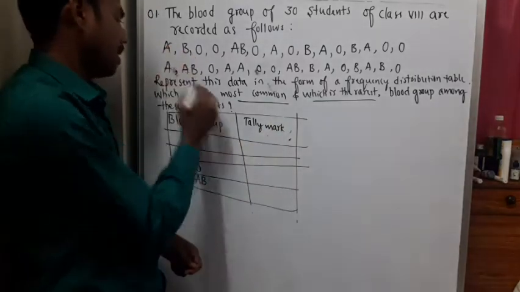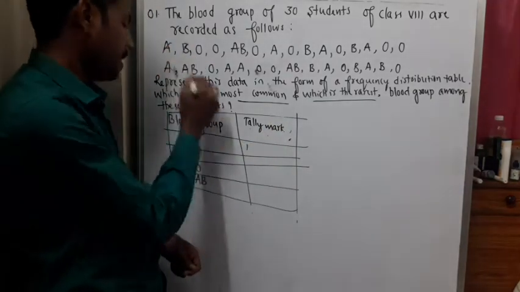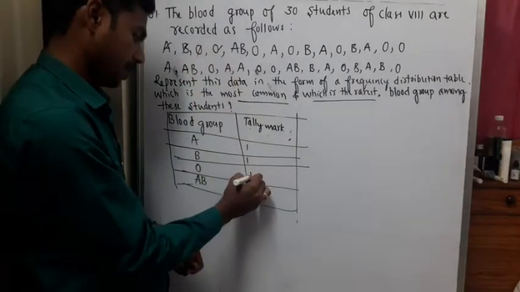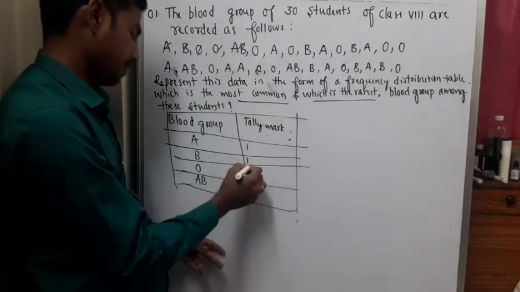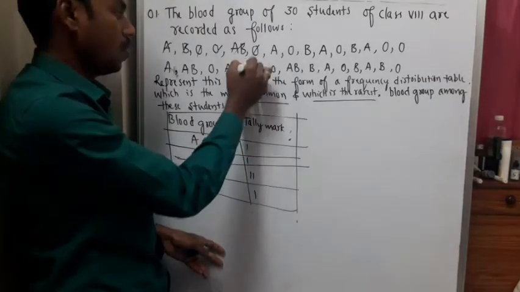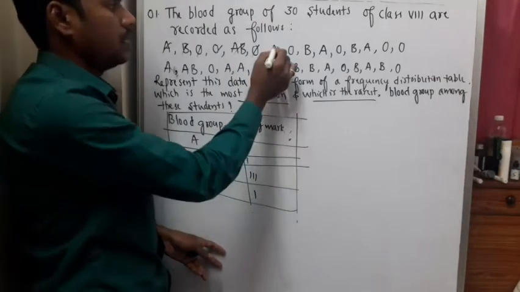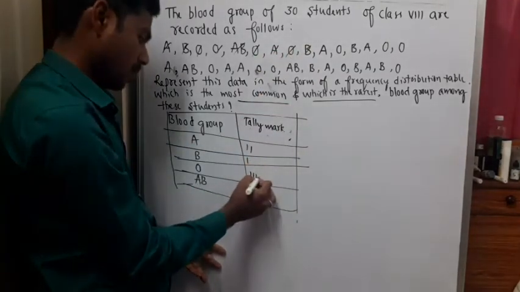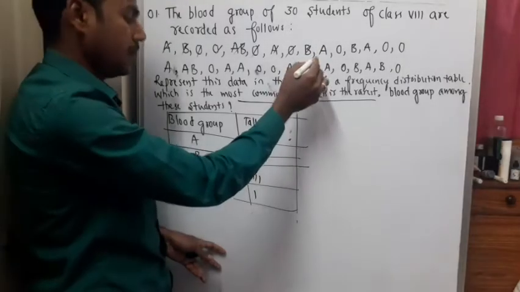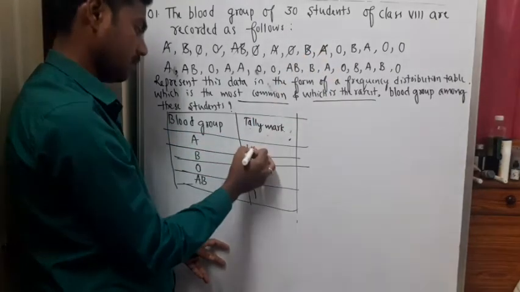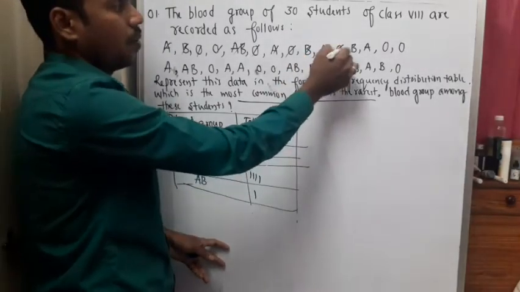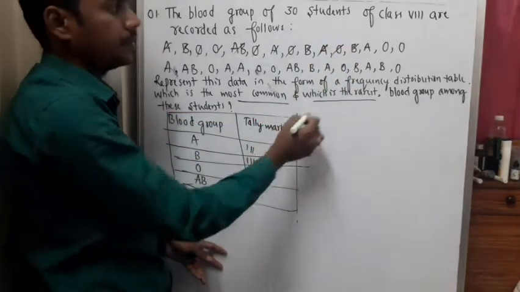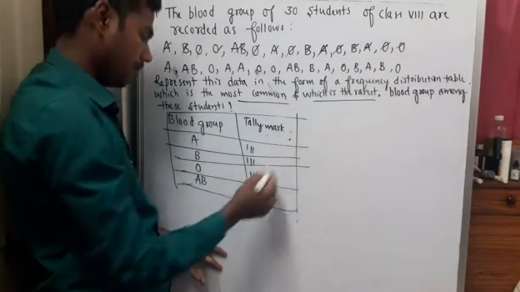A, B, O, AB, then O, then A, then OB, then A, then OB, A, O, O. Where is A?